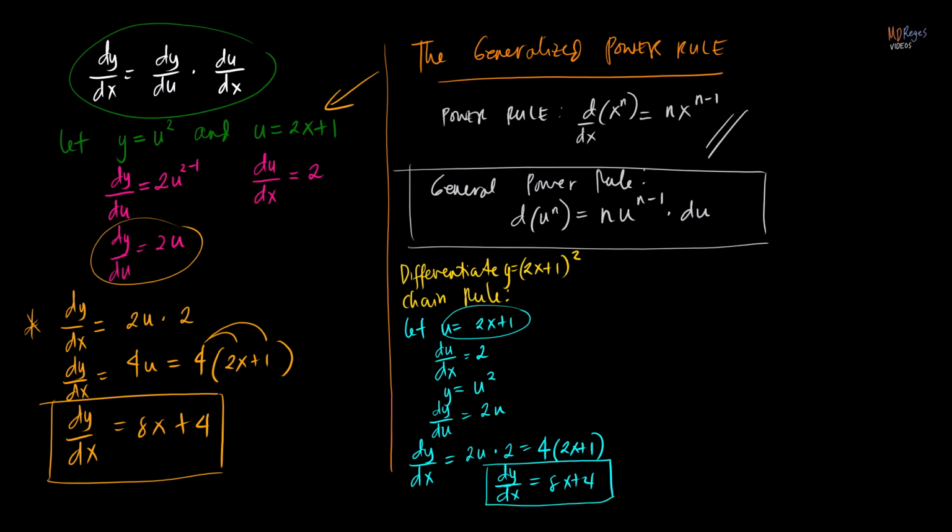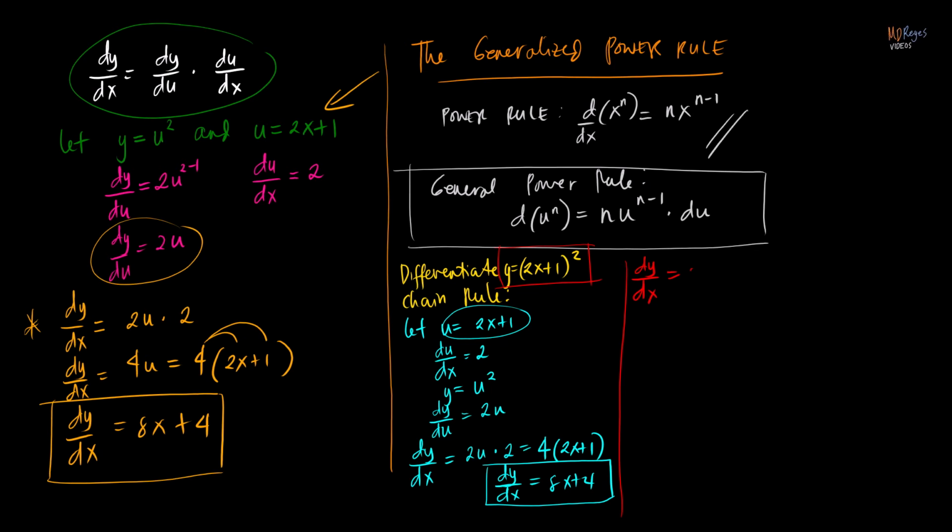Now, we can use the general power rule because the function is a power of 2x plus 1. So, the derivative of y with respect to x using the generalized power rule: we are differentiating a power.